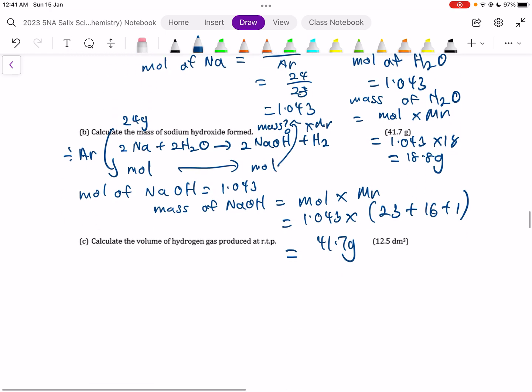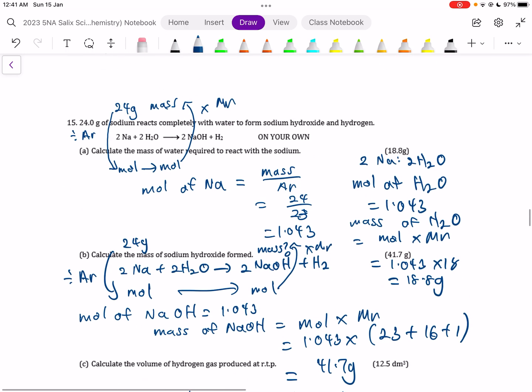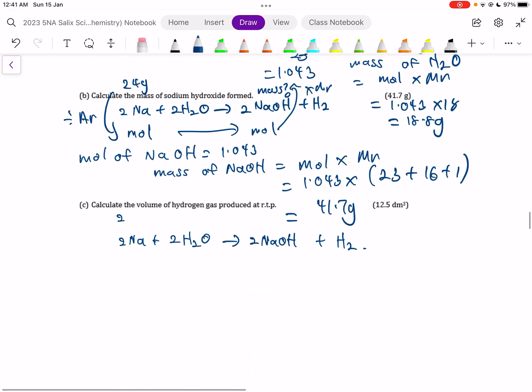Okay, so now you are given this weight. Once again, let me copy it down. You are given 24 grams, which you can find the mole by dividing by the Ar.